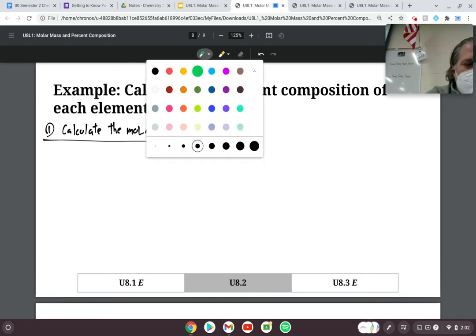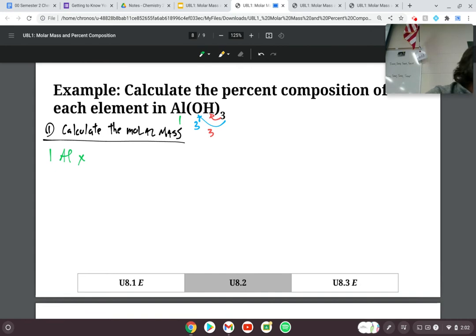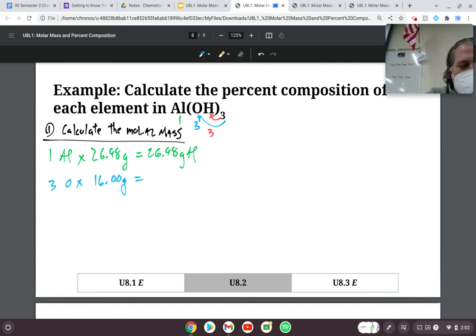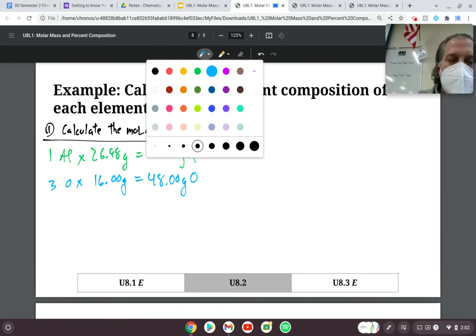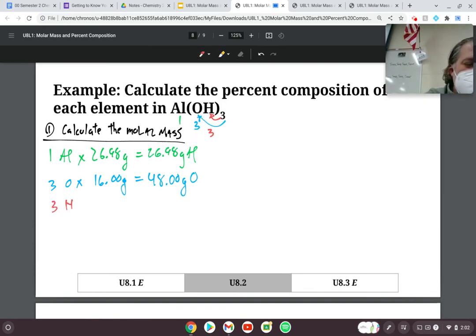So I have 1 aluminum times the mass of aluminum, which is 26.98. I have 3 oxygens times the mass of oxygen, which is 16, which is 48 grams of oxygen. Then I have 3 hydrogens times the mass of hydrogen, at 1.01 grams.